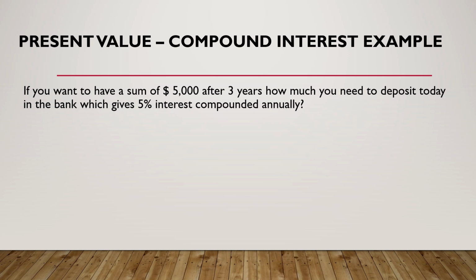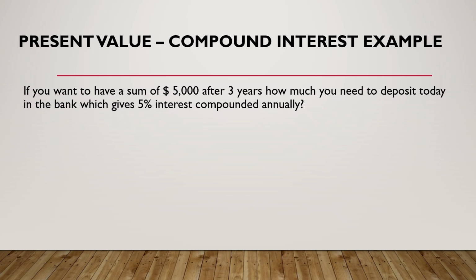And if it is compounded monthly, every month, so in 1 year we have 12 months, my n will be 12. But in this question it is clearly mentioned it is compounded annually, so my n is going to be 1. So we understood we need to find out the present value using compound interest.